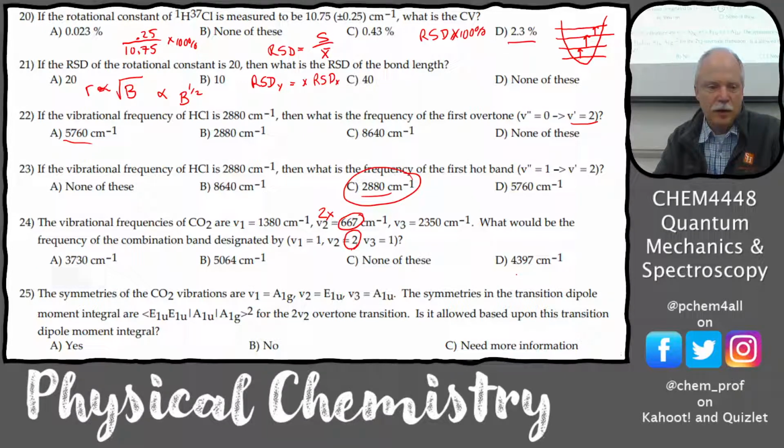Okay. And then here we have that symmetry thing where we're taking A1u times A1g is A1u. Then E1 times A1 gives us an E1.